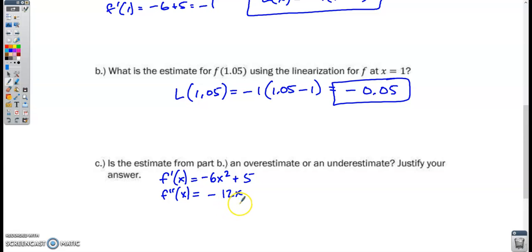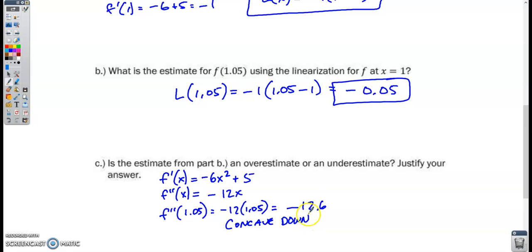And so let's see, if I substitute 1.05 in here, I get a negative value. I don't even care about the numerical value of it. Therefore, this curve is concave down.